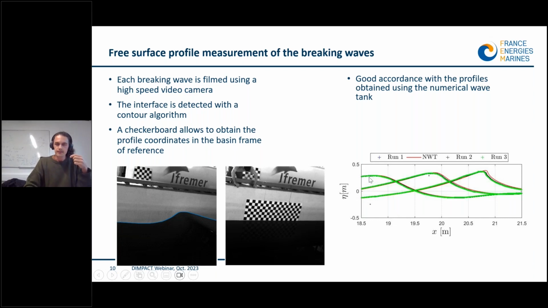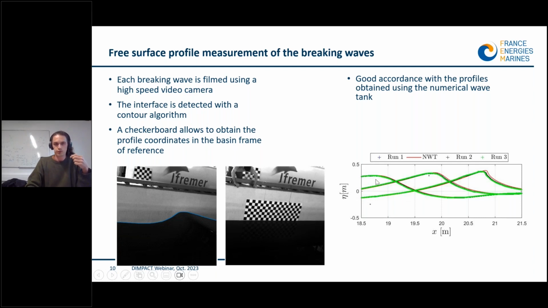So the red lines correspond to the free surface profile obtained with the numerical wave tank at different instants, and the dots correspond to different repeats of the experimental runs of the same wave.